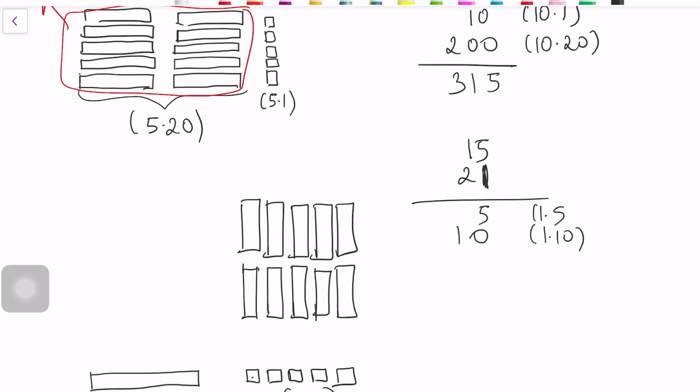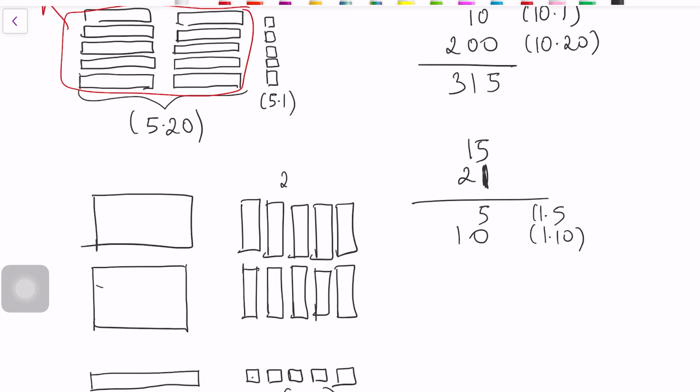And here each long will become a flat, but again 20 means 2 copies of those. So this is 20 times 5, this corner, and this corner is 20 times 10.